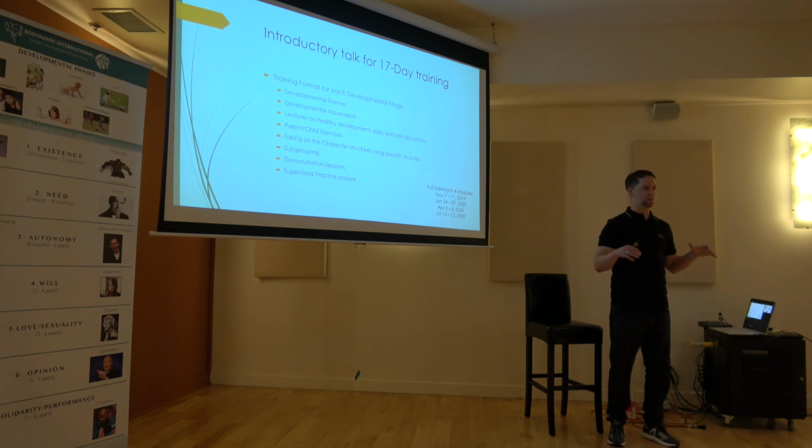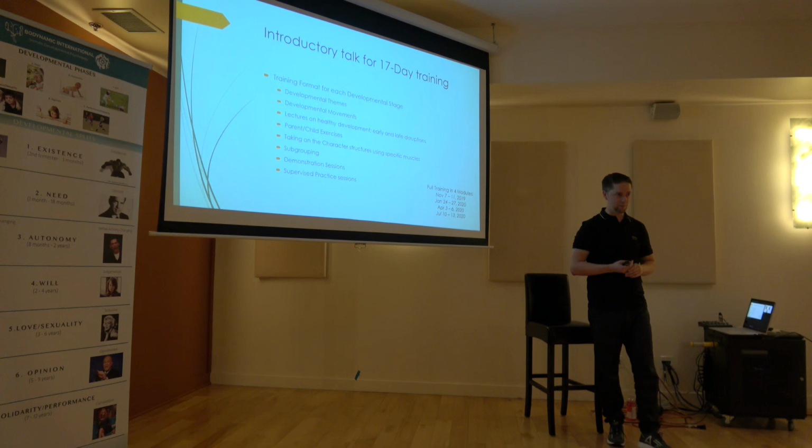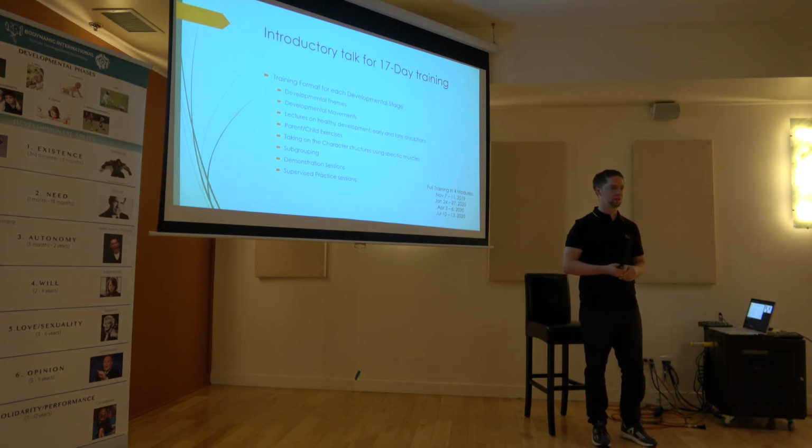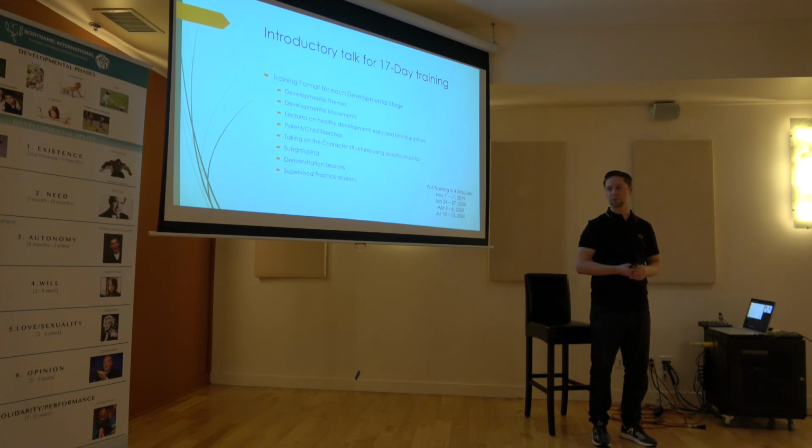Then we do subgrouping. People in the training will typically split up into common themes within the developmental phase, what kind of traits they associate with and what traits they don't associate with. Then there's a demonstration session, so a therapy session that the lead trainers will do with a person in the room.